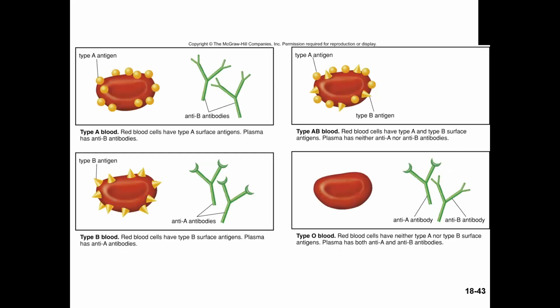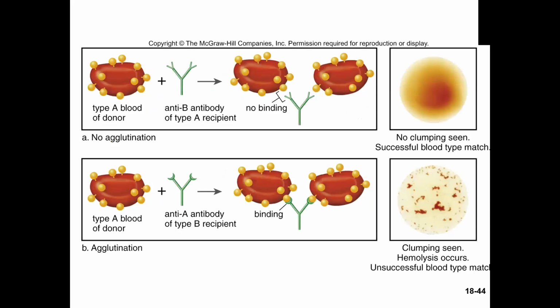Here's a nice picture of that. If the words didn't make sense, I won't read through this again, but pretty much this is what I was saying. So these pictures are nice. If these make sense to you and help you as far as understanding the blood typing, that's important. Now in this slide, it's relevant for you to understand that in the top response, we have no clumping, no agglutination, meaning no attack of an antibody that's floating in the plasma onto the cell.